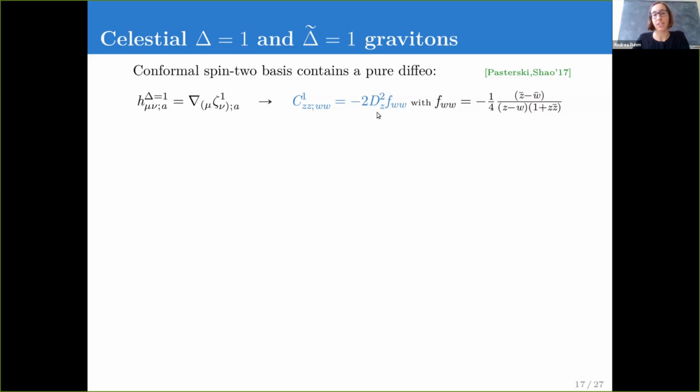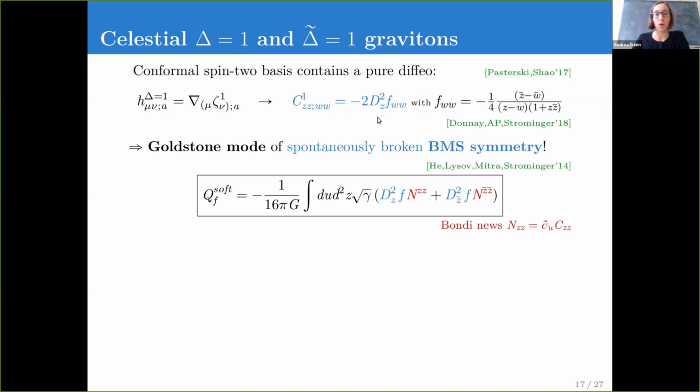And this change is given in terms of a function f, that's a specific function of the angles, which is denoted here for a positive helicity graviton, as indicated by this WW here. Now we recognize that this physical change of the boundary state corresponds precisely to the effect that a BMS supertranslation has. So this delta equals 1 primary mode corresponds to the Goldstone mode of spontaneously broken BMS symmetry.